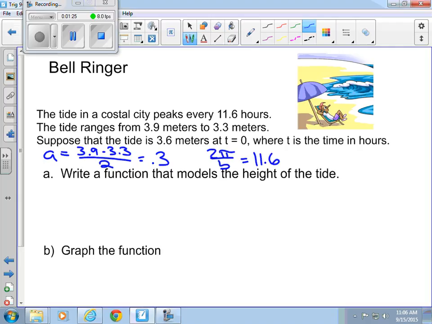Cross multiply. If you haven't noticed, you can just divide the 2 pi by the 11.6. You can either leave it as a decimal, or you could leave it as 2 pi divided by 11.6. I would take both answers on this problem. And how much is that?